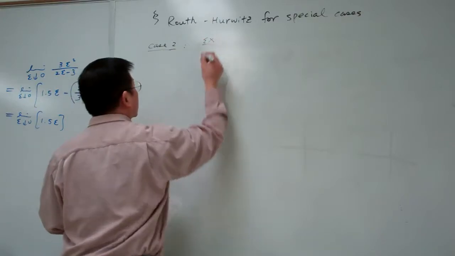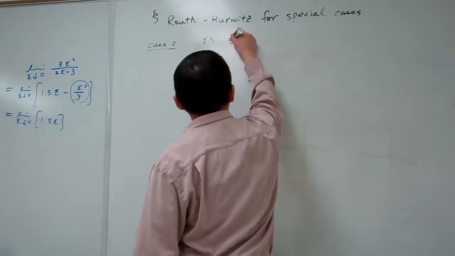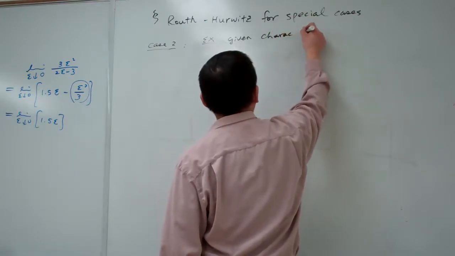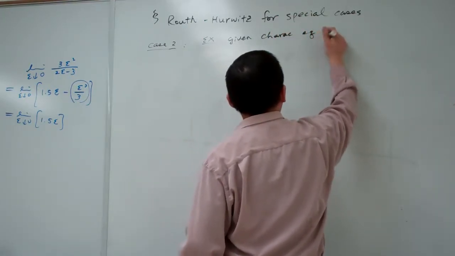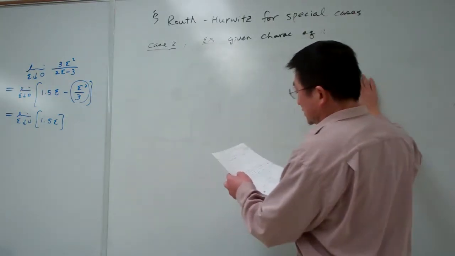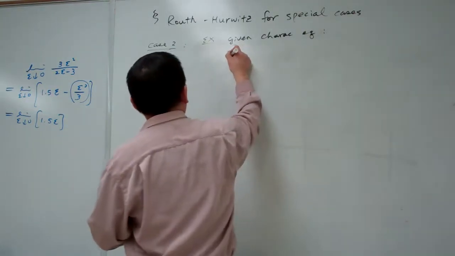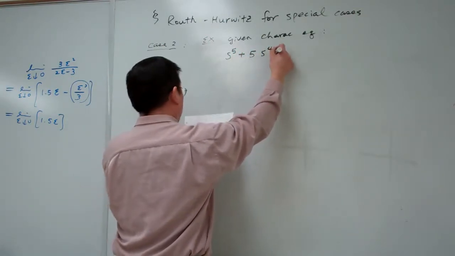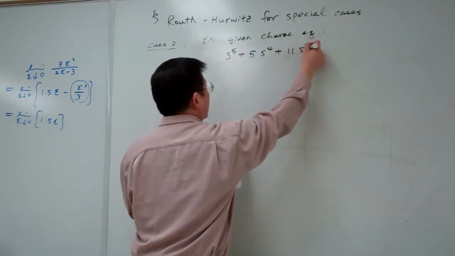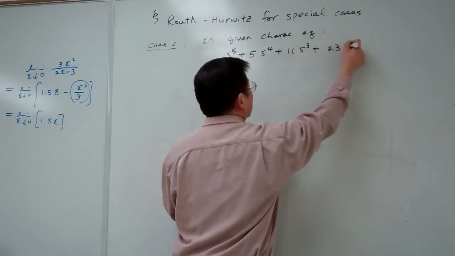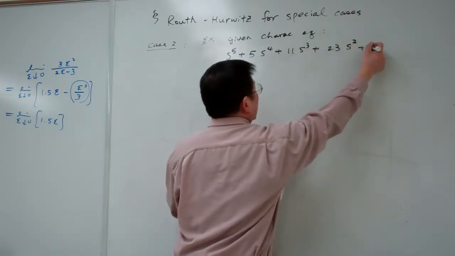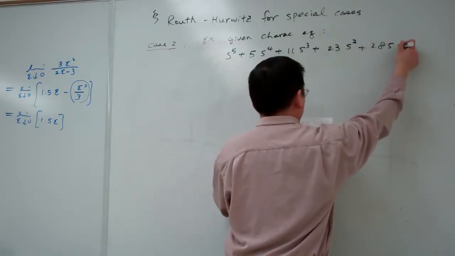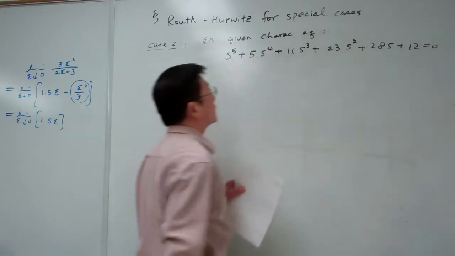So for example, we consider the characteristic equation s^5 + 5s^4 + 11s^3 + 23s^2 + 28s + 12 = 0.